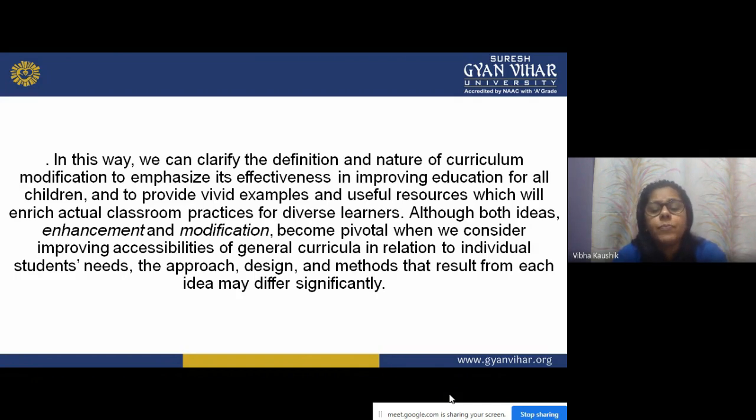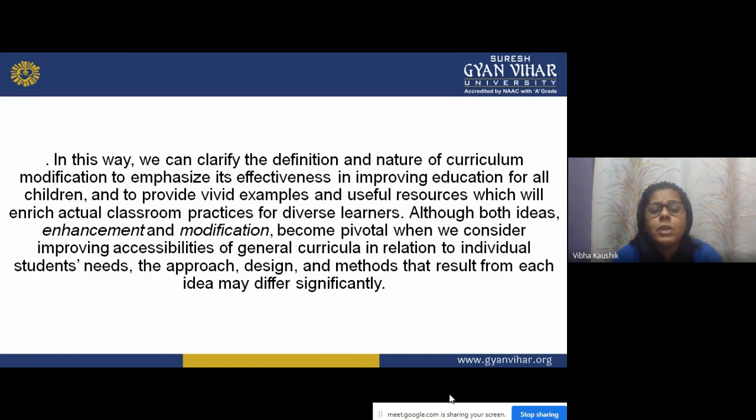The approach we adopt to give students knowledge, how we design and prepare, and the methods and techniques used by the teacher for imparting the teaching-learning process.